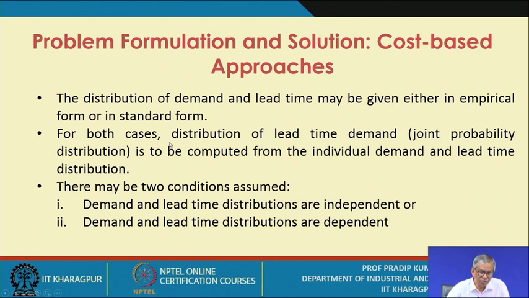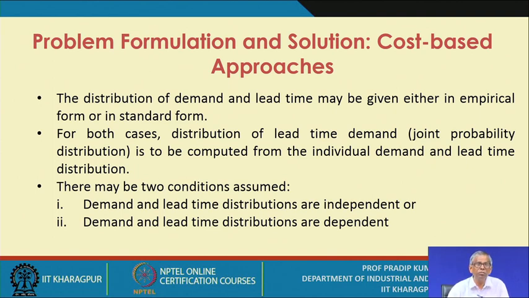For both cases, the distribution of lead time demand, that means the joint probability distribution, is to be computed from the individual demand and lead time distribution. So this is to be properly understood.